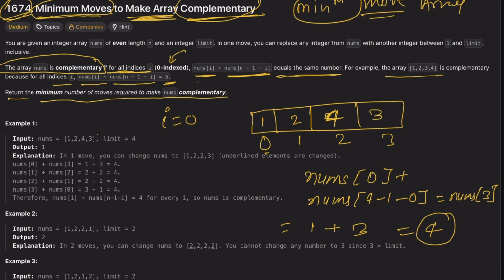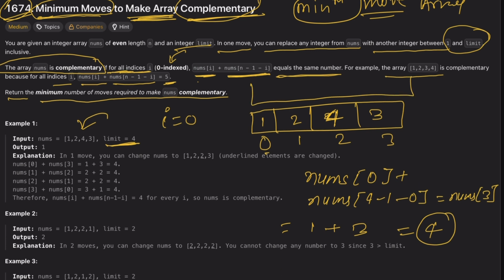The very first thing we are given is nums, and the other thing we are given is limit. In one move you can replace any integer from nums with another integer between 1 and limit. So let's suppose for this array, you change it into another array. When i equals 0, you have changed the element to 4.